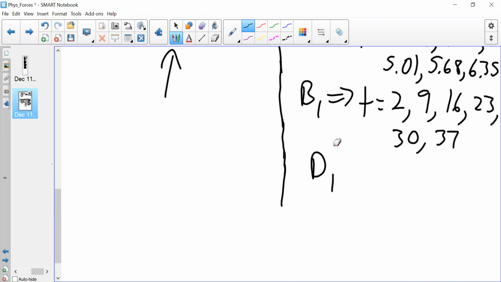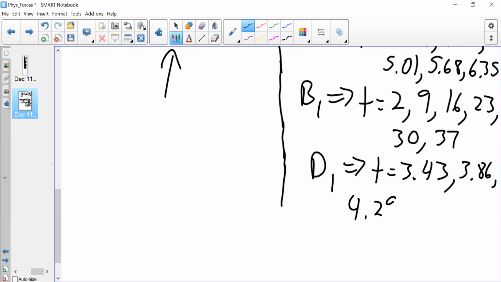D1: .43. So now I'm going to increment these by 0.43. 3.86. 4.29.